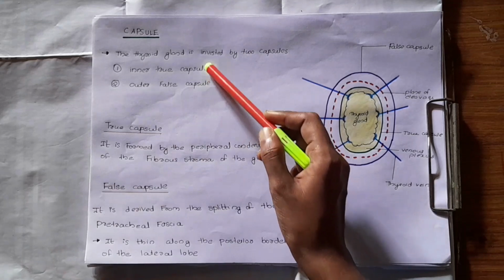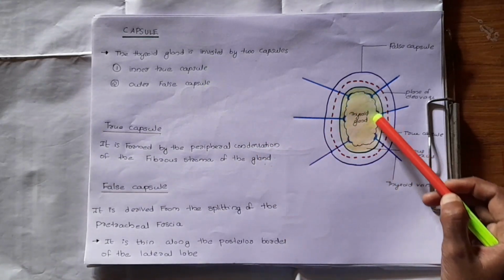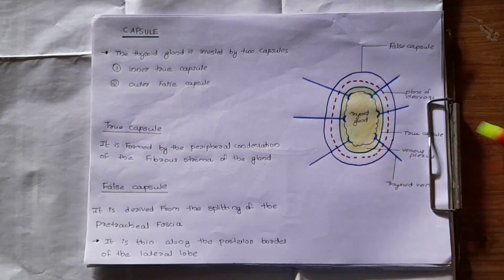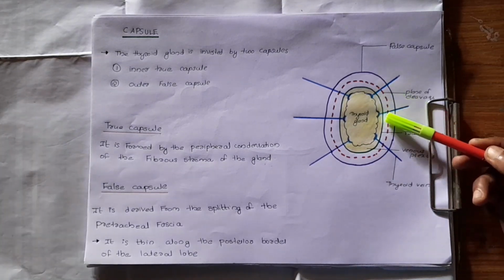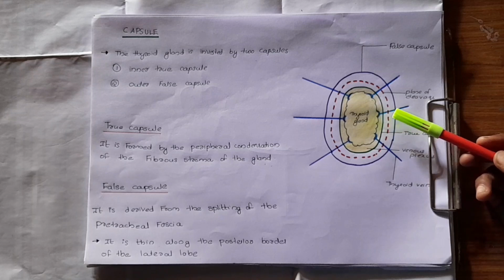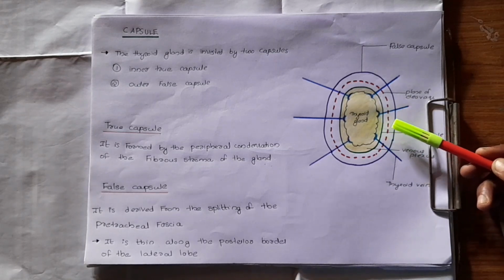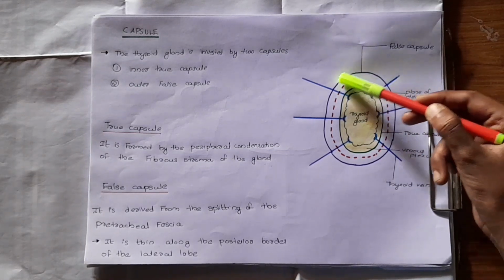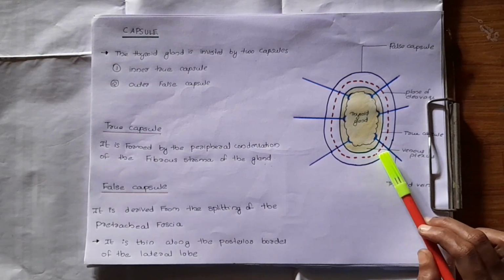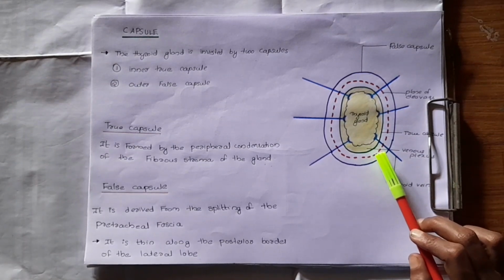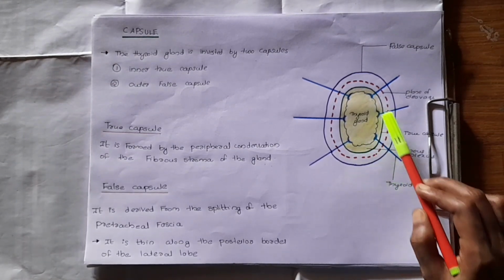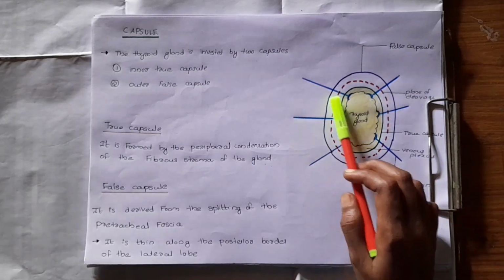These are the two capsules that cover and protect the gland. This is the inner true capsule and this is the outer false capsule. This red dotted line is the plane of cleavage, and these are the thyroid veins.